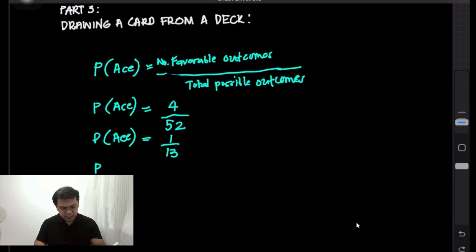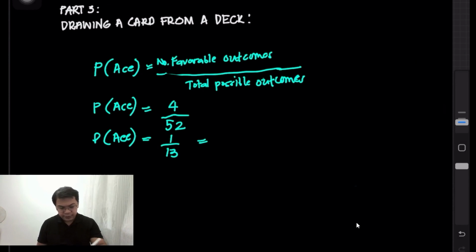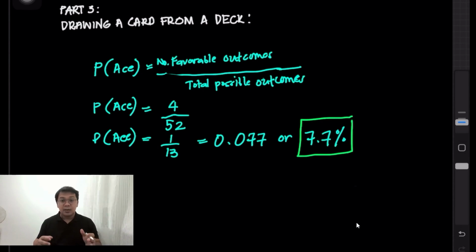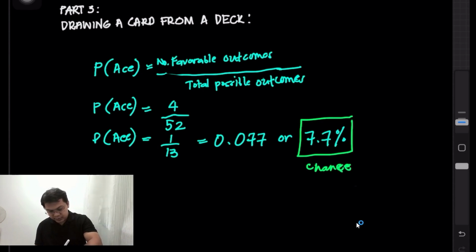So 1 over 13 is equivalent to 0.077, or we can just say it's a 7.7% chance. So we have a 7.7% chance of drawing an ace from a deck of cards.